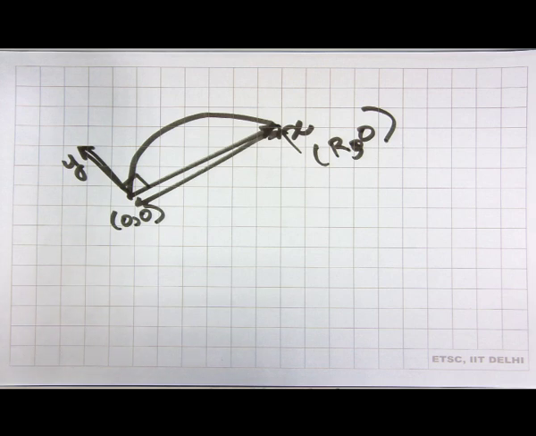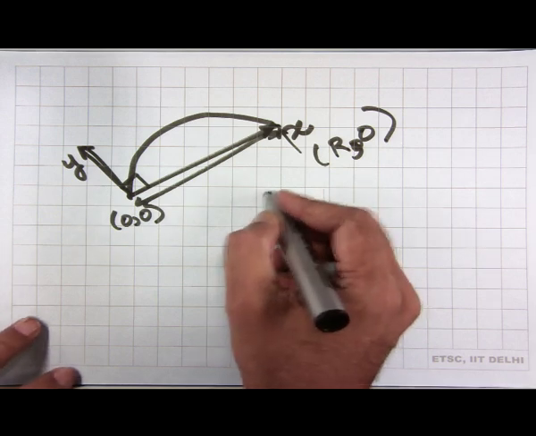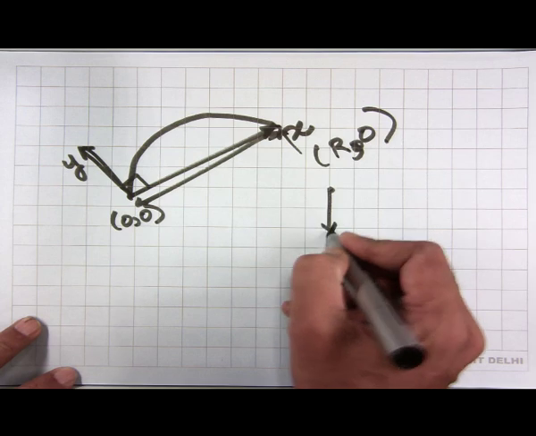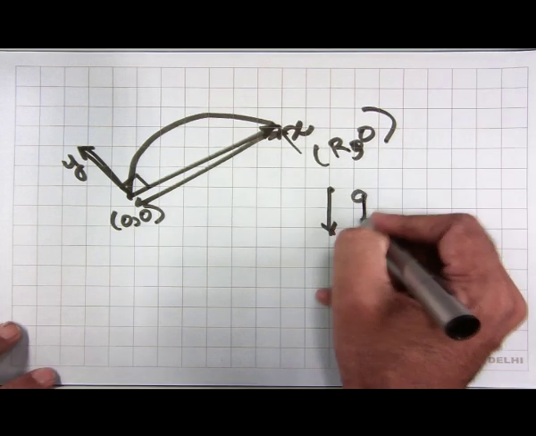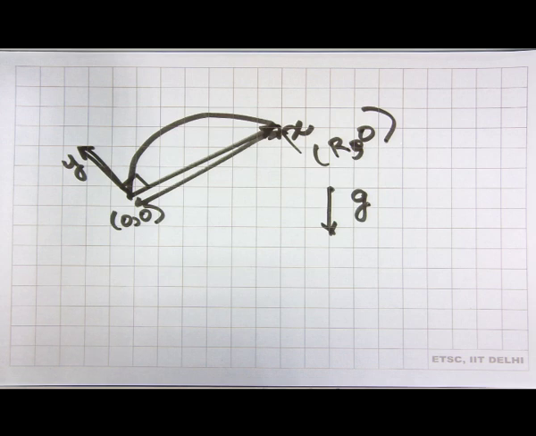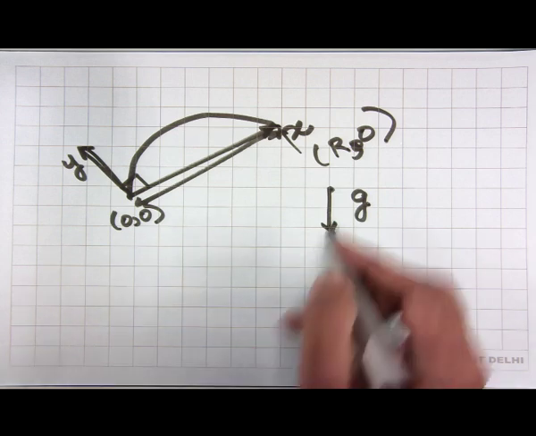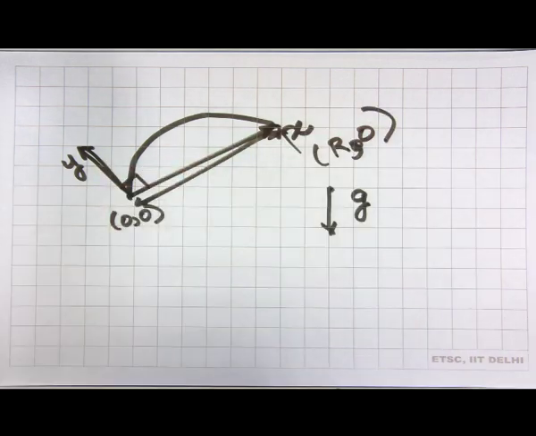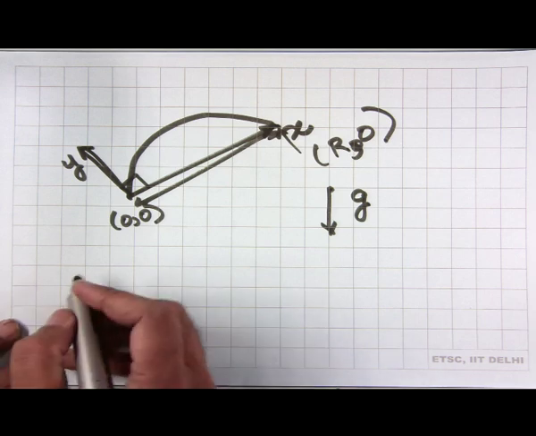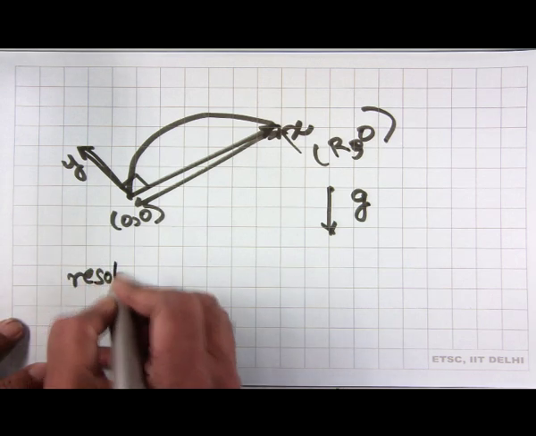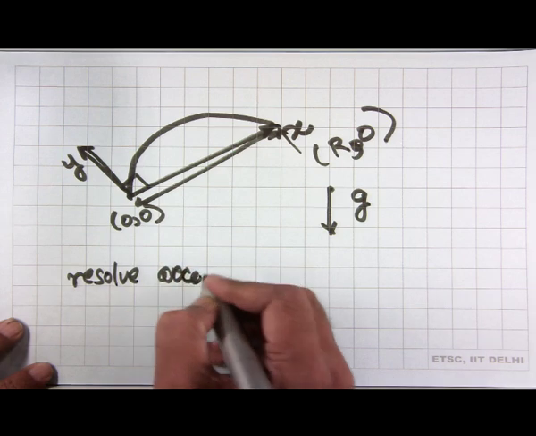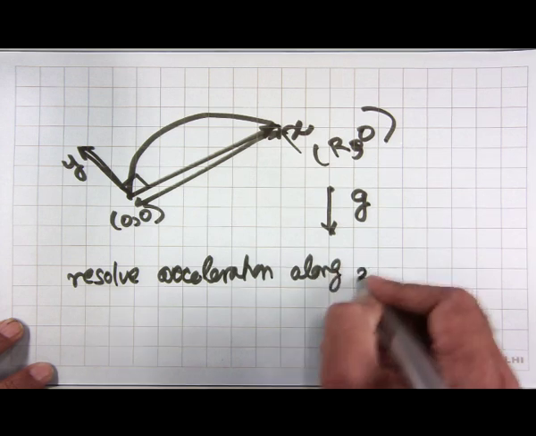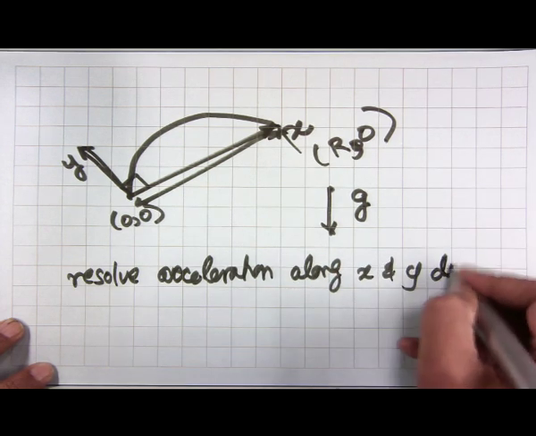Now, the projectile is experiencing an acceleration which is equal to g. This vertical direction is not parallel or perpendicular to x and y. So, we resolve the acceleration along the x and y directions.